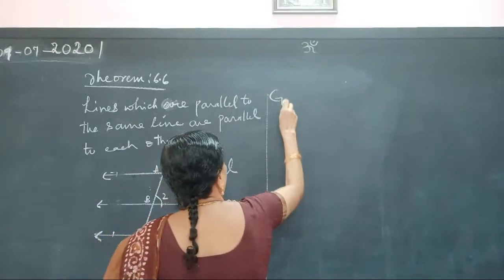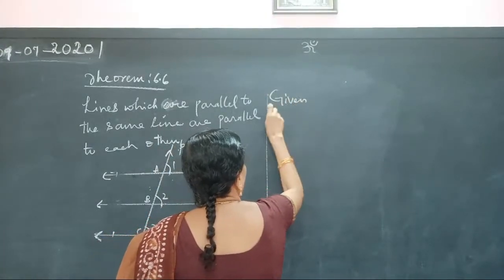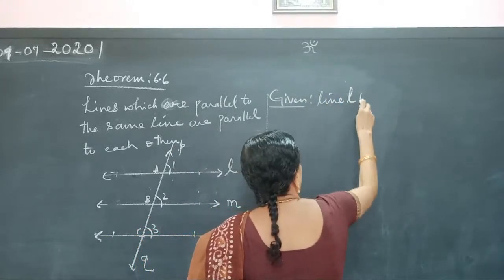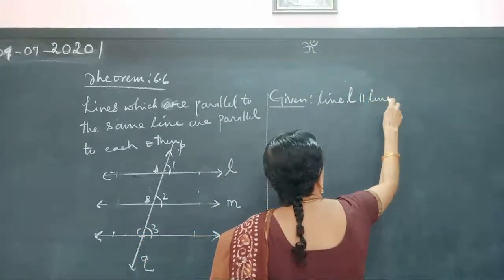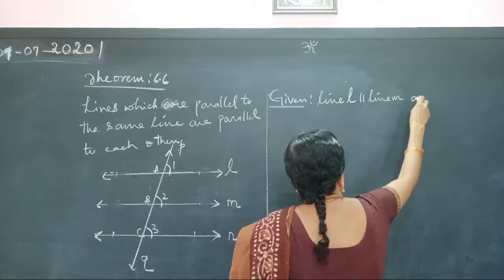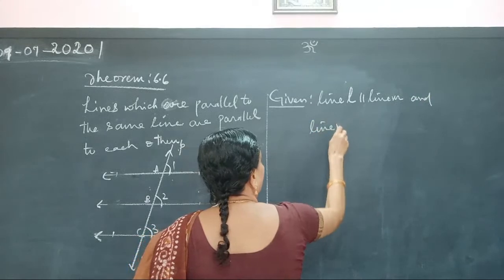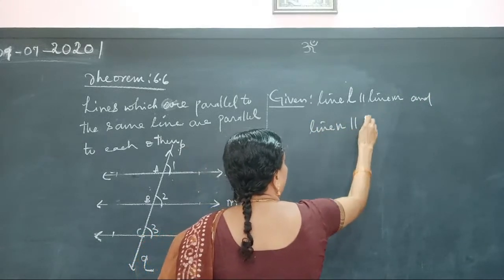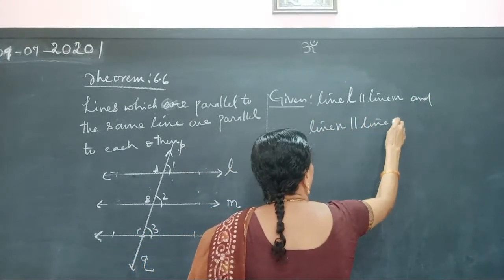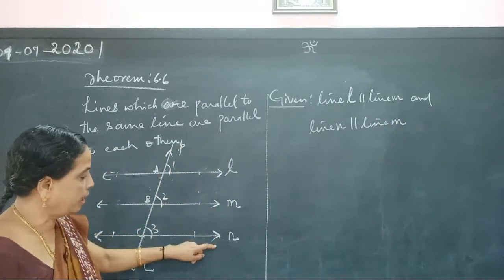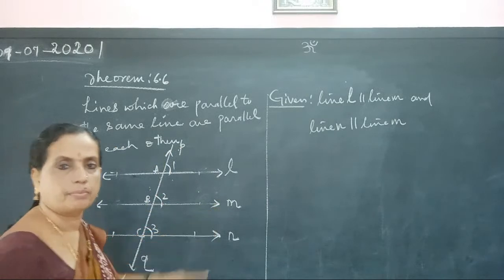Given: line L is parallel to line M and line N is parallel to line M. L is parallel to M, N is parallel to M.